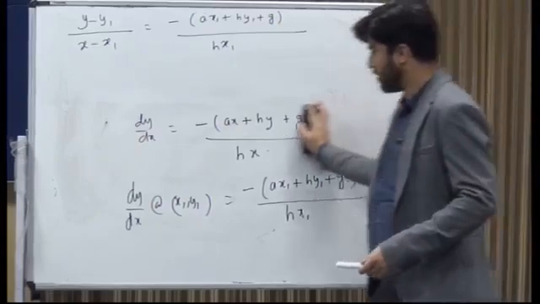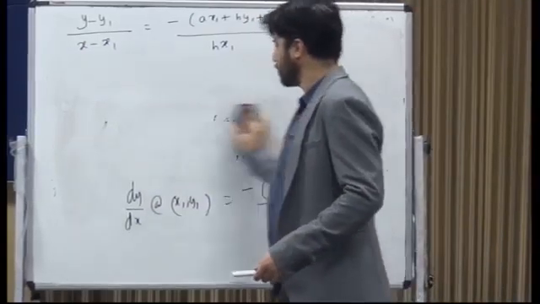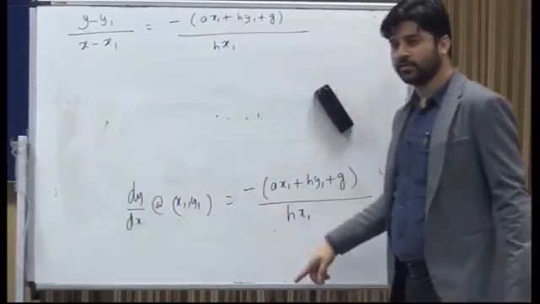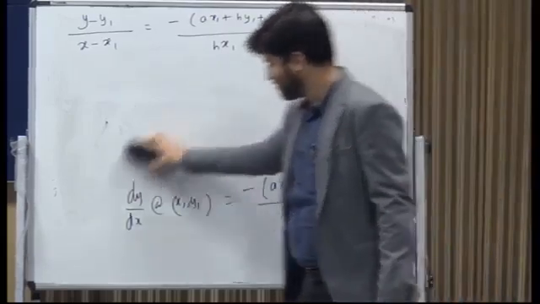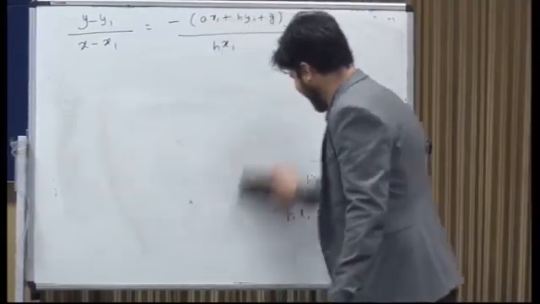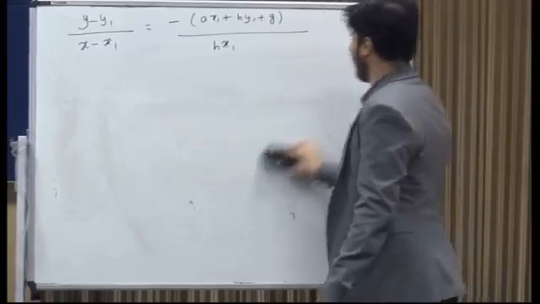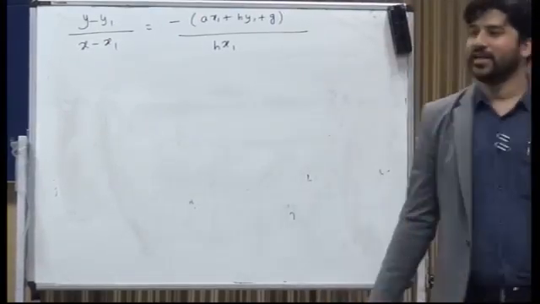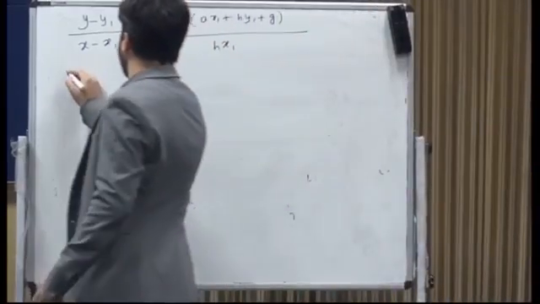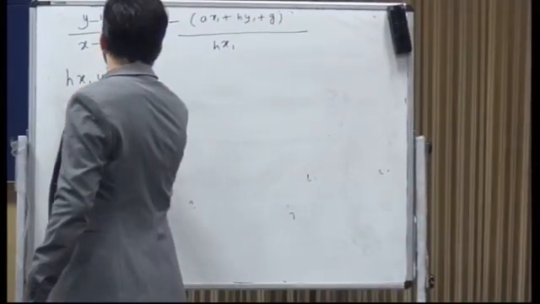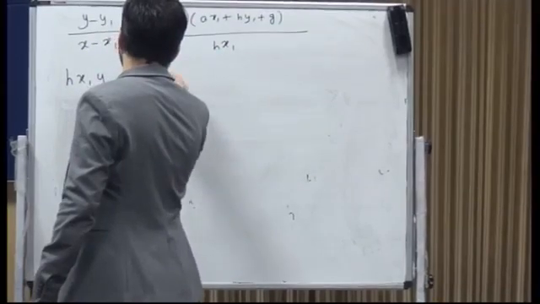Okay, should I rub it down? This one, the slowest person has done it, so assuming everyone has done it, right? Okay, now we'll cross it. So it will be h x1 y minus h x1 y1.